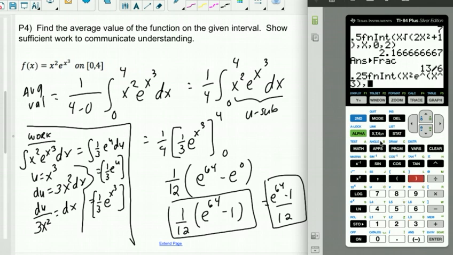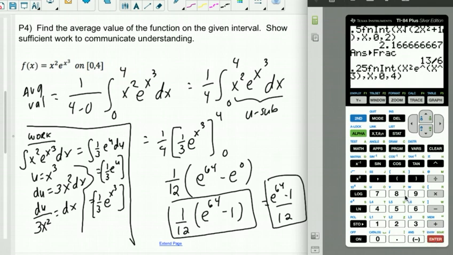Comma, with respect to x, from 0 to 4. And then we'll double check when it stops lagging. All right, and we get an answer. In theory, it's going to think about it for a minute. In its defense, this is a fairly complicated problem, so it's thinking.